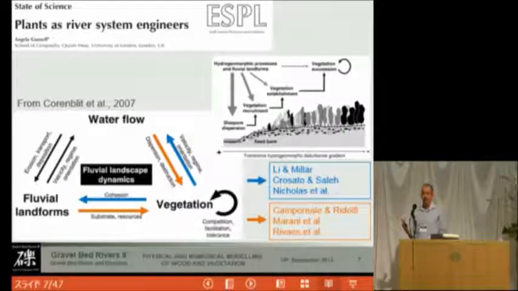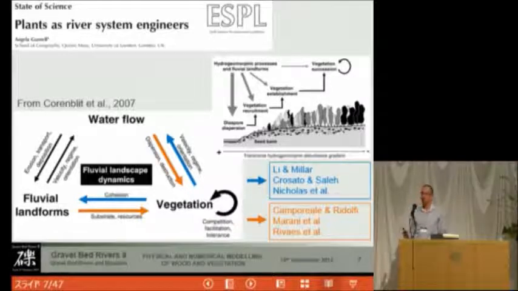There are many conceptual models and many field investigations of these interactions. In terms of models, there are also a lot, but usually models consider only one of the 2 ways of the interaction. There are numerical models that consider the effect of vegetation on flow and sediments, and we have seen one just in the previous session by Hiroshi.